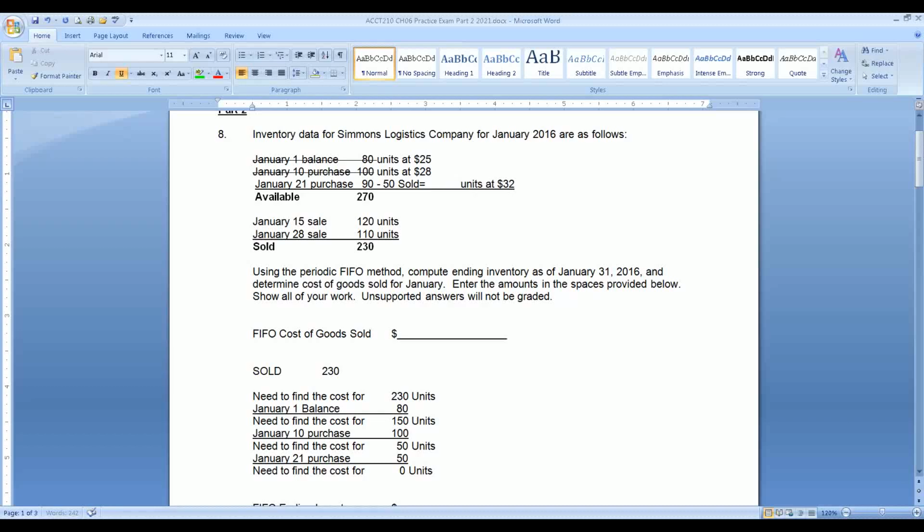So there's still 40 units left at 22. So this is all that's left over.